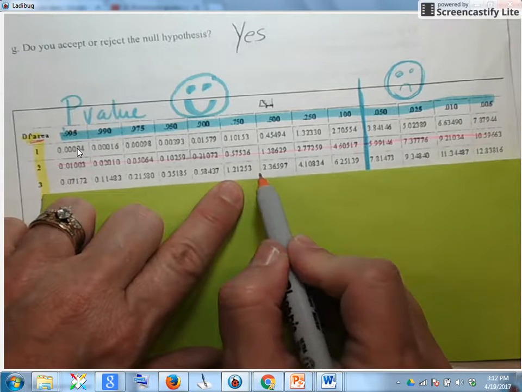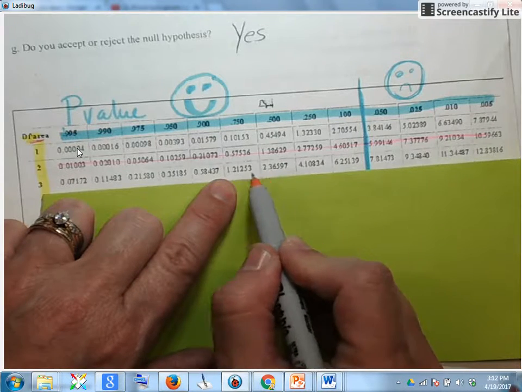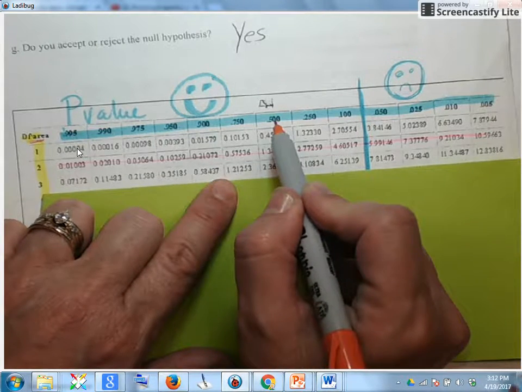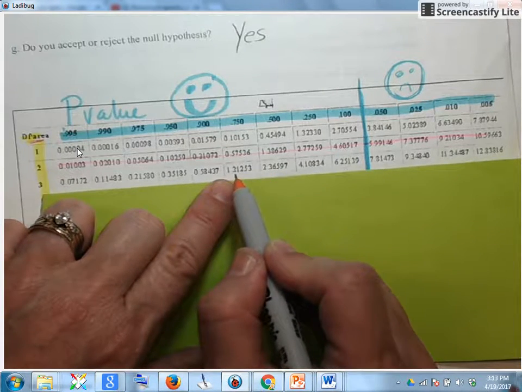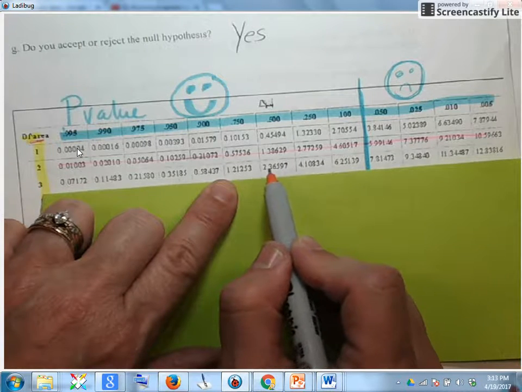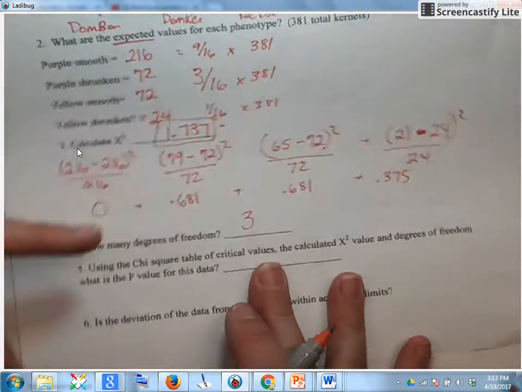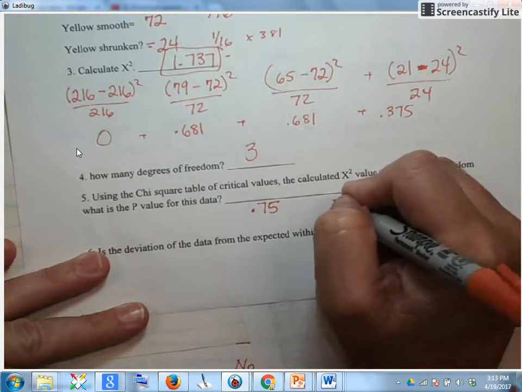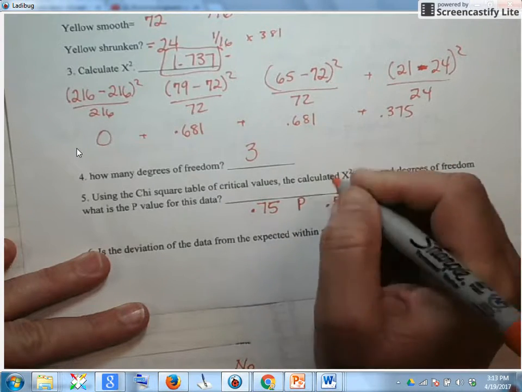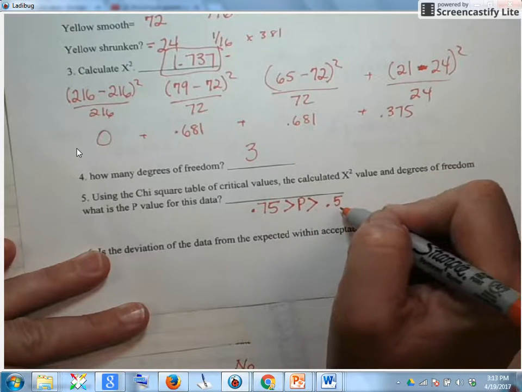Our chi-square value is somewhere between 1.2 and 2.3. So the equivalent p-value is between 0.5 and 0.75. P is smaller than 0.75, but it's bigger than 0.5.